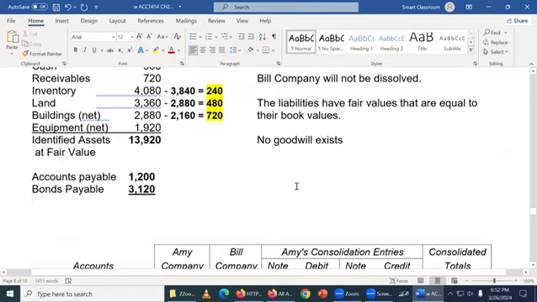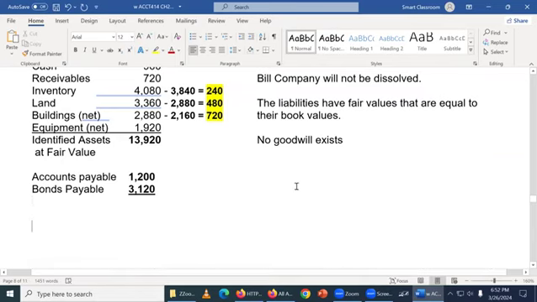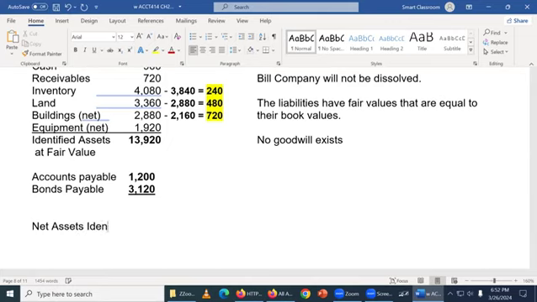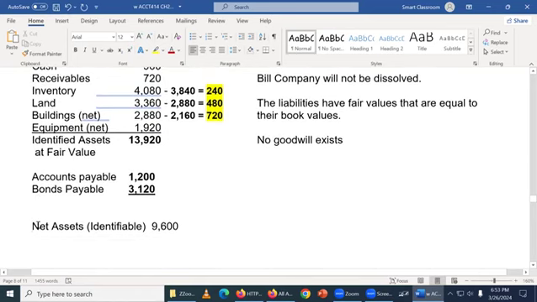Oh, for both, okay. So it's exactly what we paid for. Let's just say at fair value.